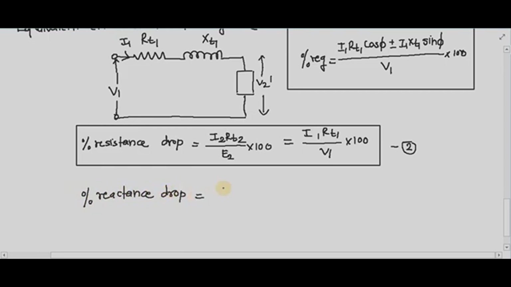The percentage reactance drop for the approximate equivalent circuit referred to the secondary side is I2 XT2 upon E2 into 100, and for the equivalent circuit referred to the primary side it is expressed as I1 XT1 upon V1 into 100. Sorry, referred to the secondary side means 2, and referred to the primary side means 1.